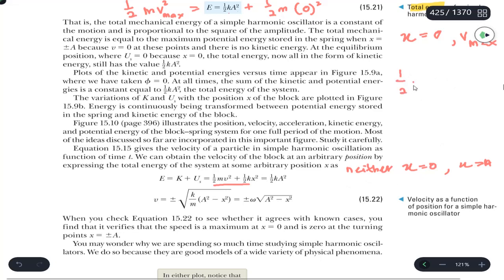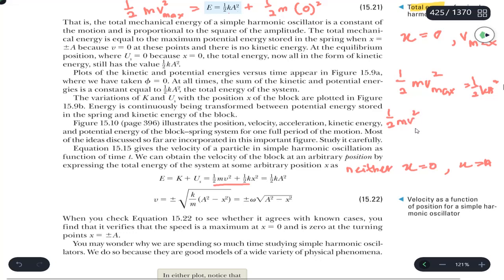It could turn out to be half mv maximum squared equivalent to half kA squared, number 1. Number 2, it could turn out to be half mv squared.